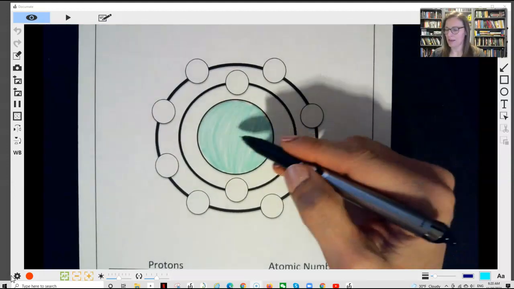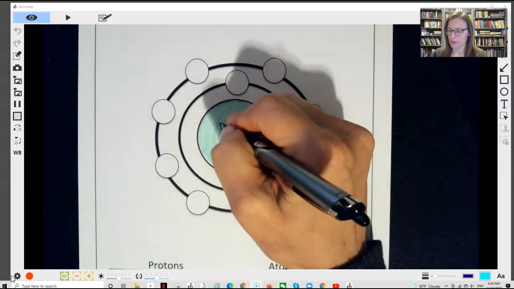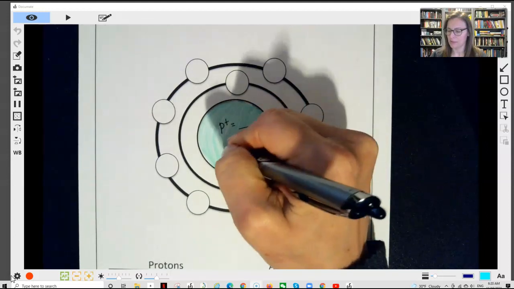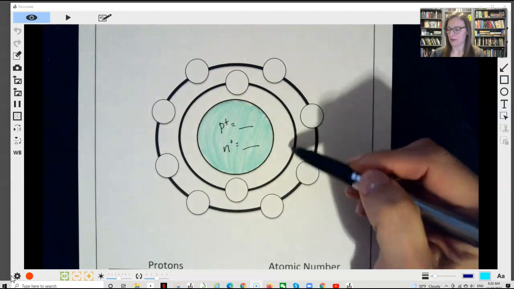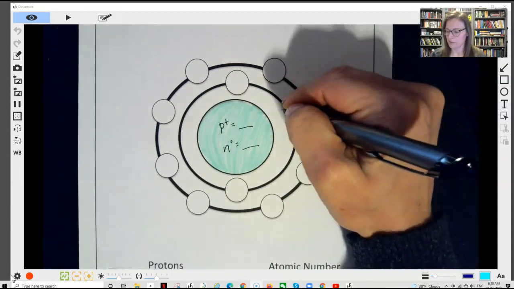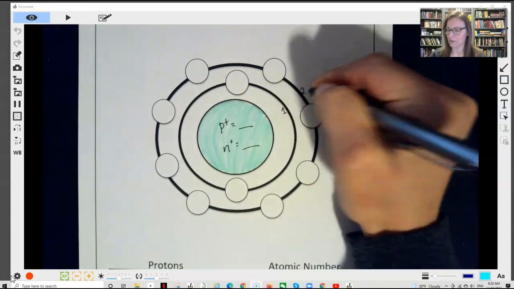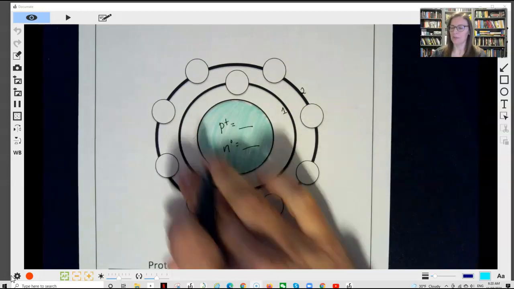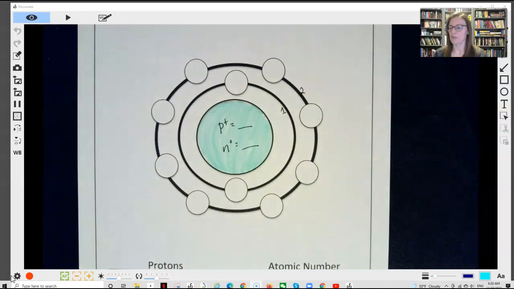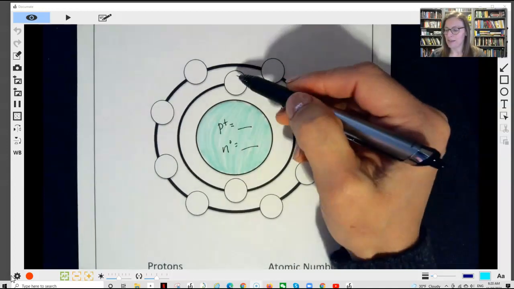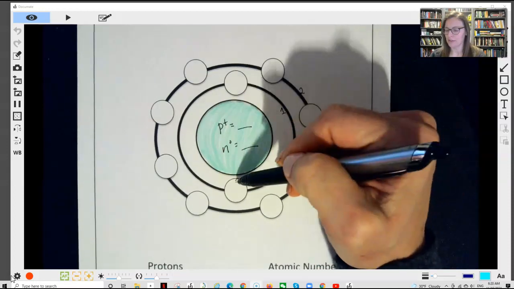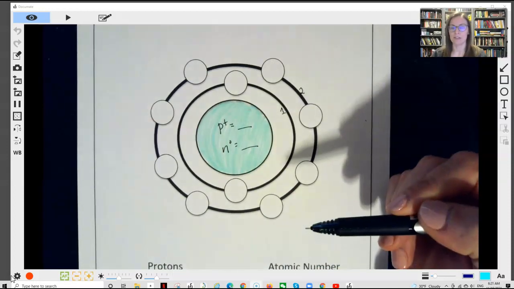Okay, this example has a nucleus where I could put my protons and I could put my neutrons. And then I've got energy level 1, and I've got energy level 2. And so this must be for a period 2 element, okay? I could use this to fill in any of them. And by the way, any period 2 element, the first ones need to be full, right?